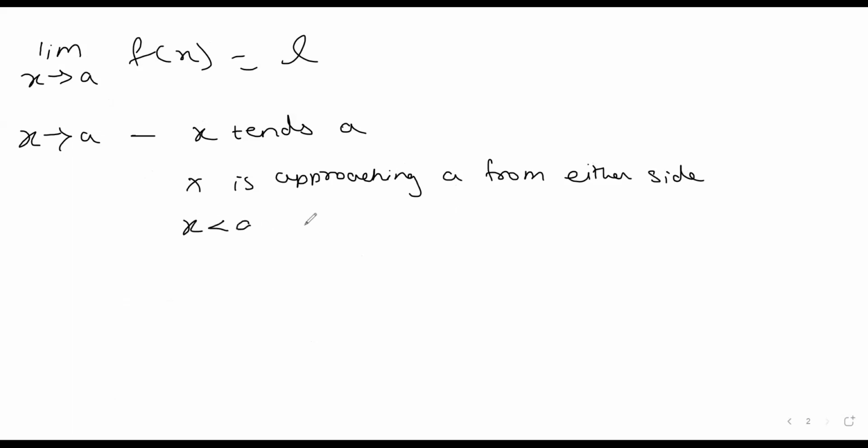That is either x is less than a or x is greater than a. Okay, if x is less than a, we say x tends to a minus. If x is greater than a, we say x tends to a plus. However, x is approaching a from either side, but x never becomes equal to a.